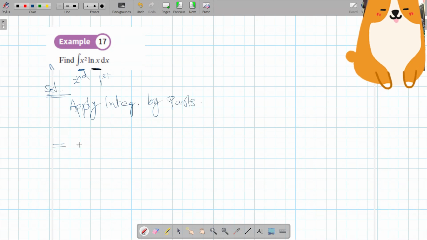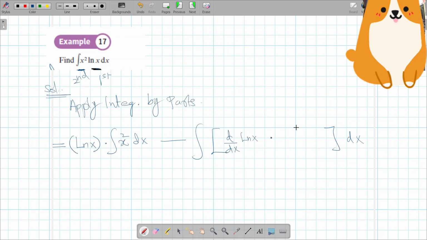So the formula is: first function same, integration of the second function, minus integration of this whole thing. And what should be inside? Derivative of the first function. What is the first function? Log x. Times integration of the second function. That's it. And so you're essentially integrating the second function twice. Is that kind of the idea?